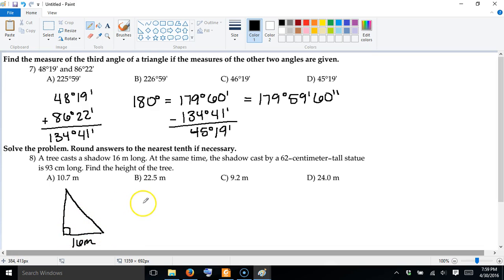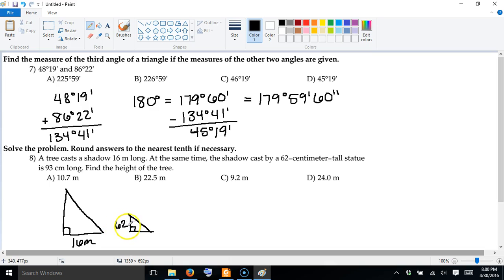And we have this statue that's 62, or no, centimeters tall, and it is casting a 93 centimeter long shadow. Okay, well, probably should have drawn that a little bit shorter there, but anyway. Here we are. These are supposed to be similar triangles. I know it doesn't look like it, but they are.